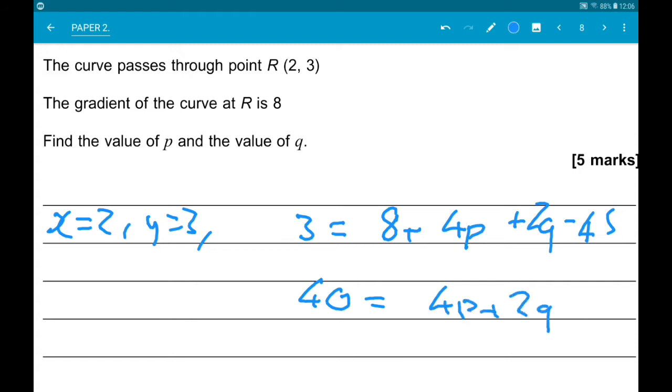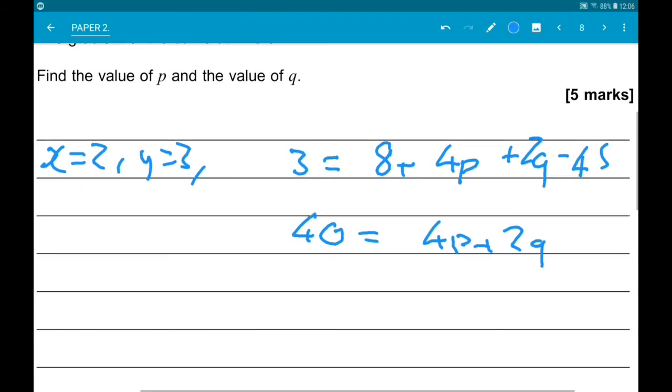Divide through by 2, we get 20 is 2p add q.